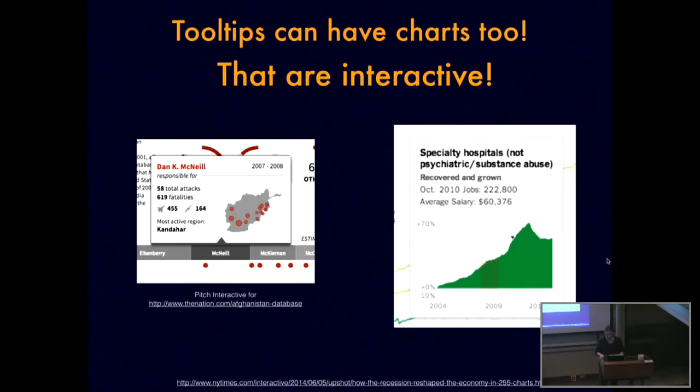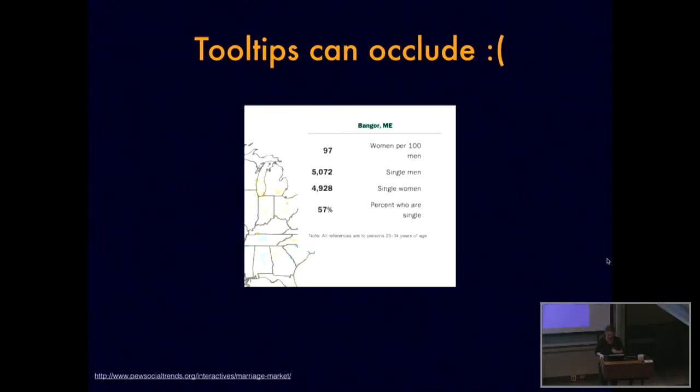So details on demand, the tooltip is a powerful, powerful tool. Tooltips can include, though, this is one of the couple of examples of things I don't love in this deck, Pew Internet, the Pew, they collect data about America and they're a nonprofit. They've been beefing up their interactive design, and they've got this one that's sort of marriage market, single men, single women, percent who are single across the country, and they have a map.